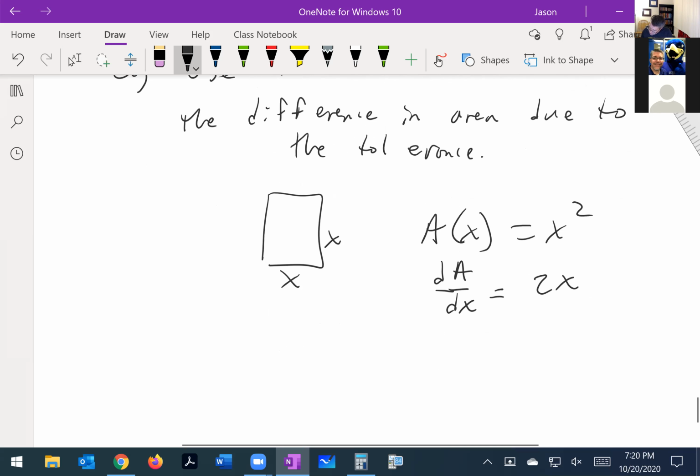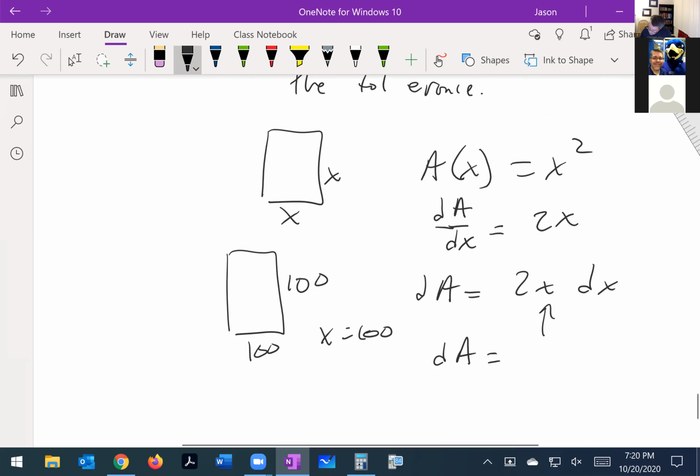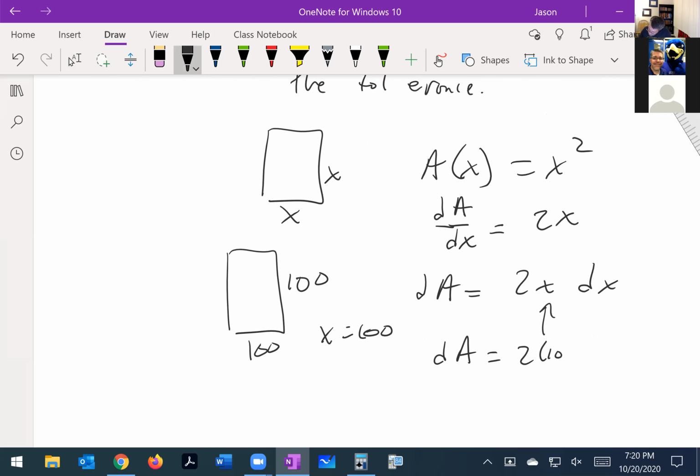Okay, and so I'm going to say that dA is equal to 2x times dx. Nice. So what is x? Well, we're concerned about what's happening when this is 100 by 100, so I'm going to let x equal 100. And so dA is going to be 2 times 100.